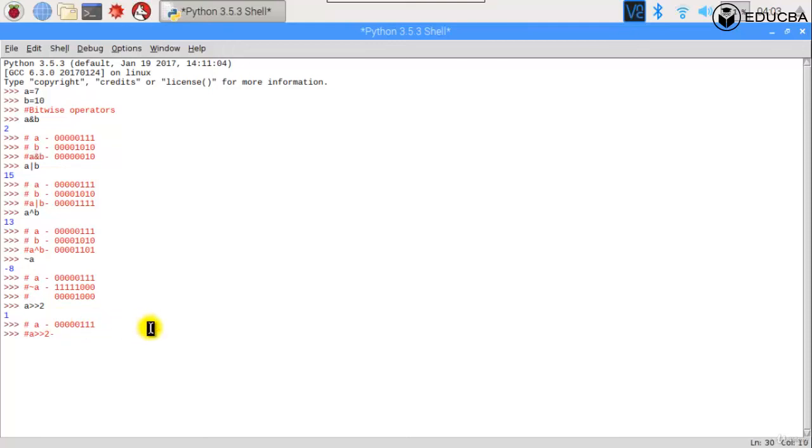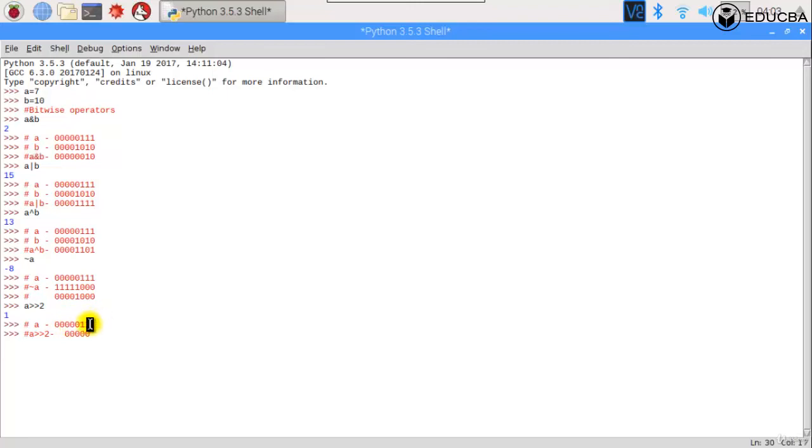Okay, what is it going to be? Each of the bits is going to be shifted to the right by 2. So this bit is going to be shifted one place here and one place here. So the MSB is going to come here. The next bit is also going to be shifted by 2, which means it is also going to come here. The next one is also going to come here. So these are the 3 bits which got shifted to the right. What about these 2? They also will come after that.